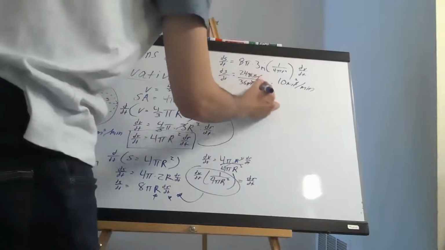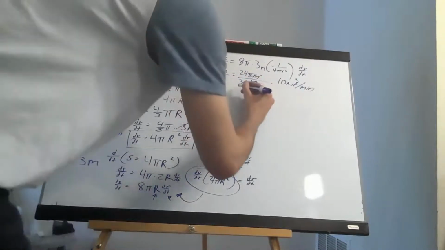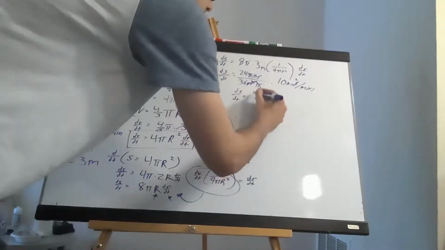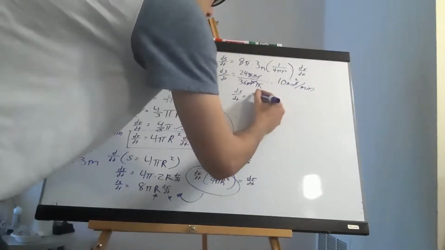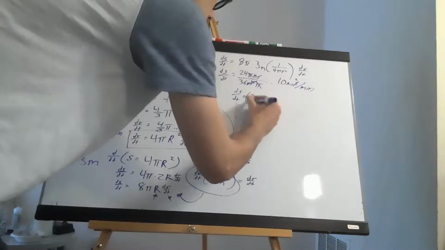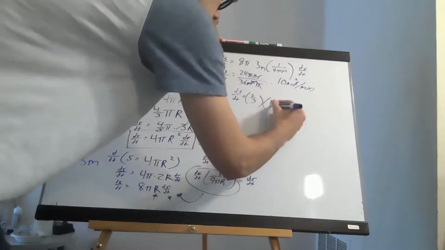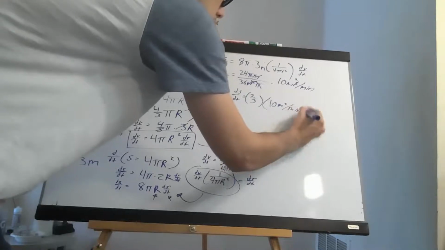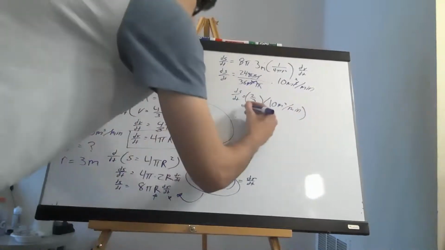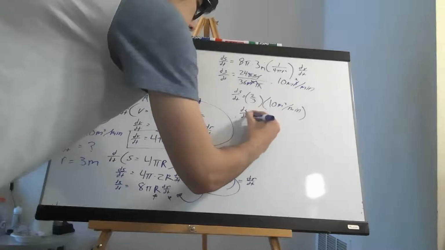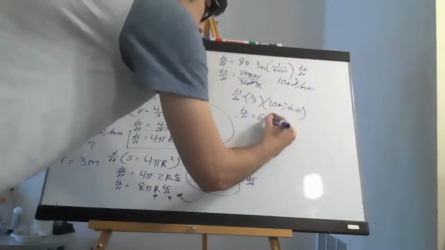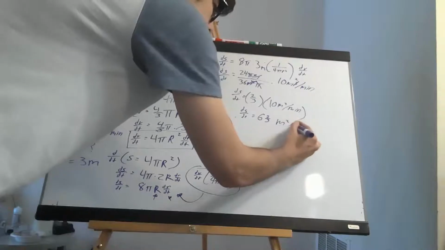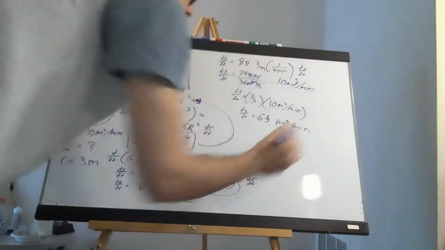So now that pi is going to cancel with that one, and we're going to get dS/dt is equal to 2 over 3 times 10 meters squared per minute. And then we just simplify and we get dS/dt is equal to 6 2/3 meters squared per minute.